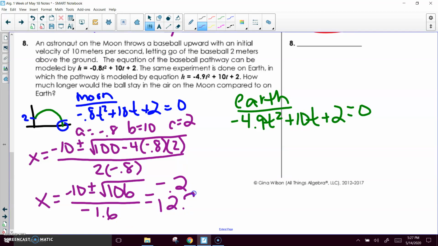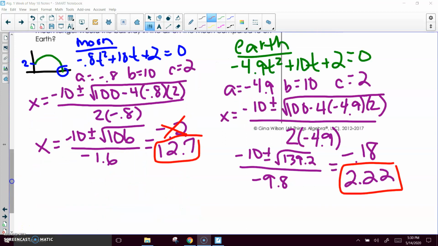And you should get 12.7. So I'm not interested in the negative answer, I just want that. So what I want you to do now is the same thing for Earth. Figure out your a, b, and c values, plug them in your quadratic formula, and then get your decimal answers.